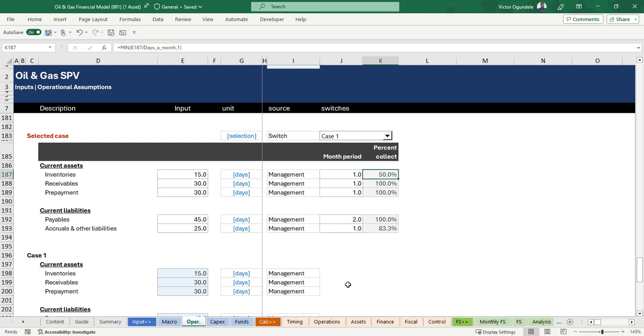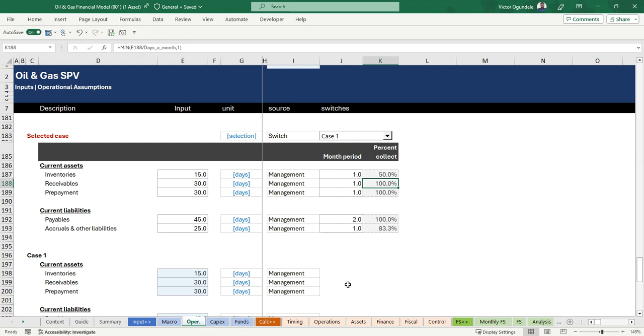Here you also have provision for a percent that will be received. I can say, you know what, inventory is after 15 days, but because of the mid-period adjustments, maybe 50% will go out this month, then the other 50% will go out next month. For receivables, if I'm saying you're going to pay me in the next 1 month, you might decide not to pay the whole 100%. Maybe what comes in terms of cash might just be 80% of it, then the rest transfers to the other month, making it 120%.